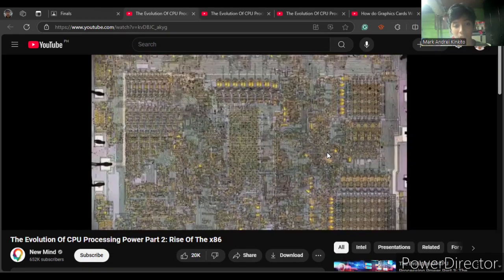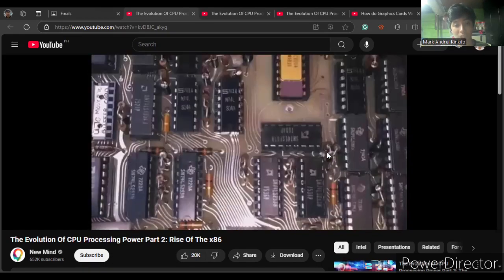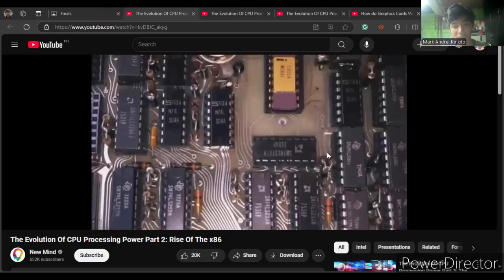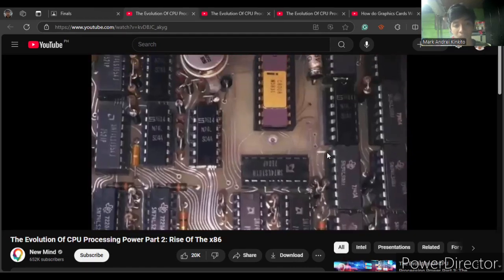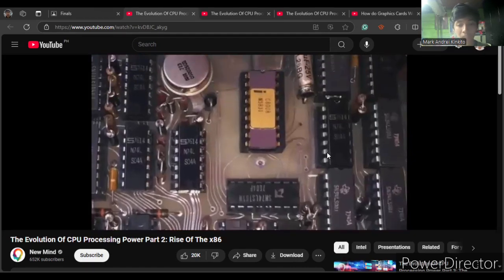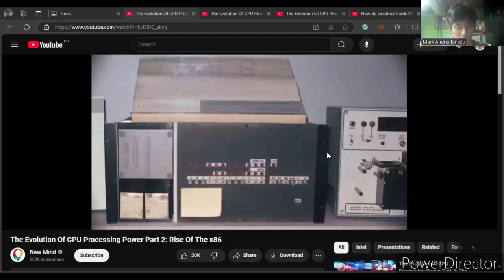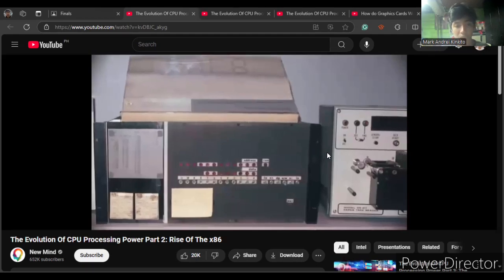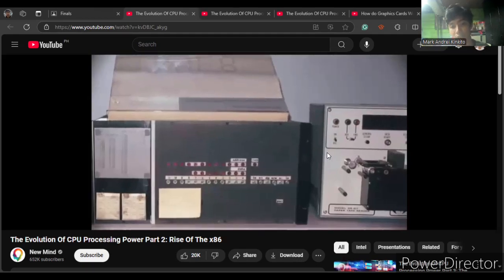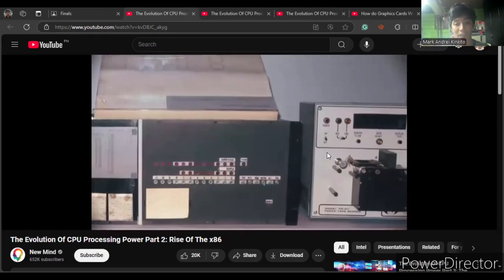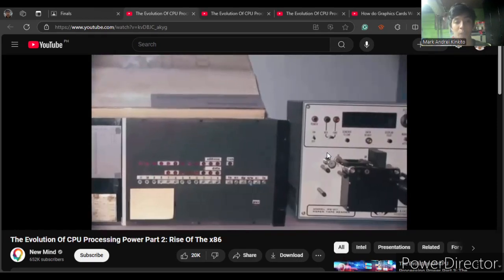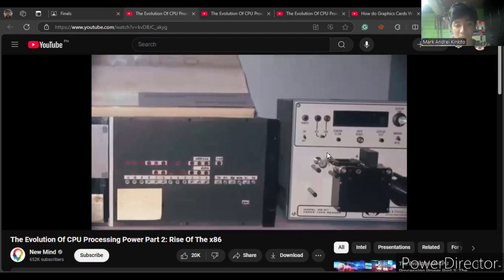One of the innovations of the 8008 was indirect addressing. Normally, an instruction fetches data from a specific memory location. In indirect addressing, however, the memory location contains a pointer to another address where the actual data resides. This allowed for more flexible memory management.